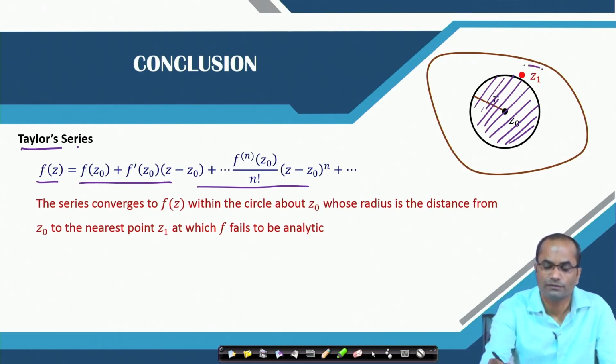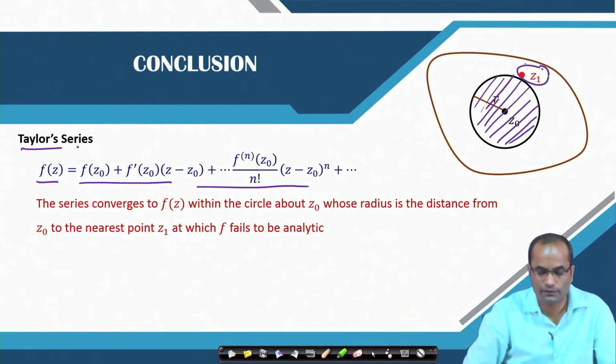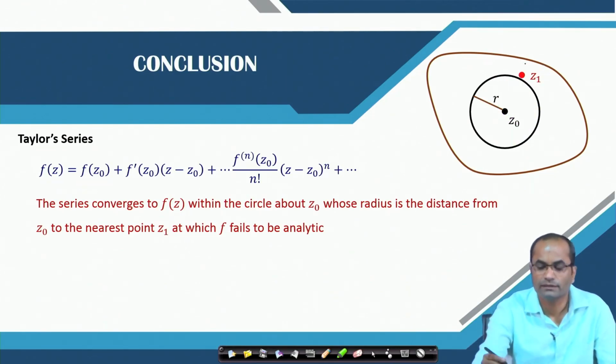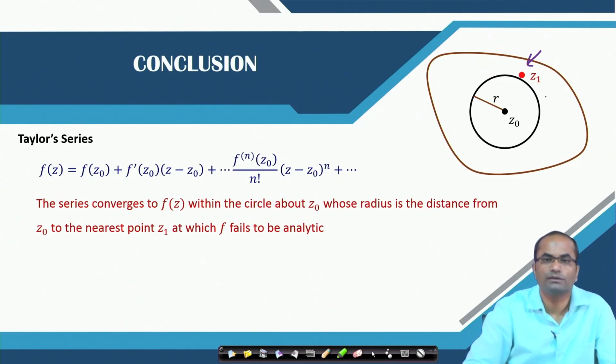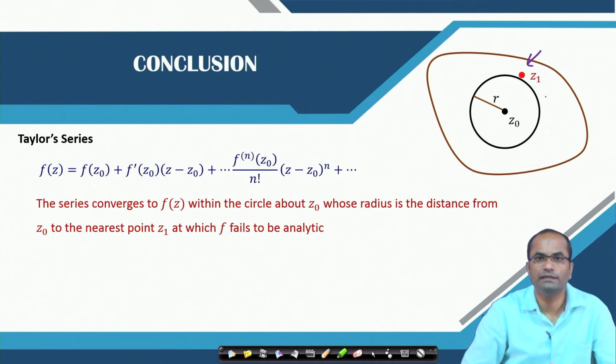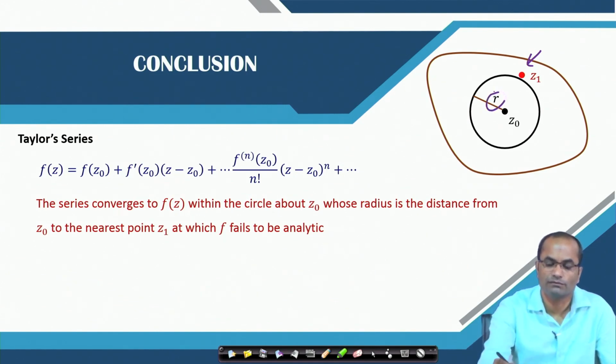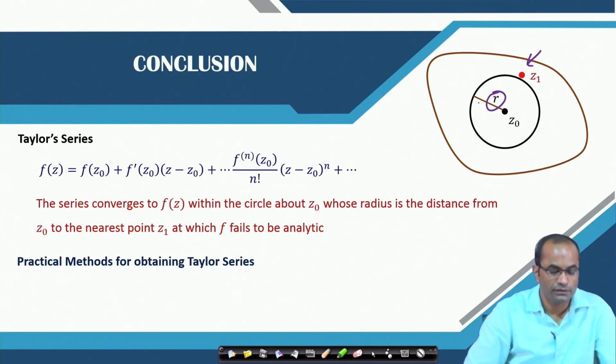So, for instance, if we assume that z1 is the point where the function is not analytic, then we can go only up to z1 at most for the validity of the Taylor series; the region or radius of convergence for such a Taylor series will be that radius r.